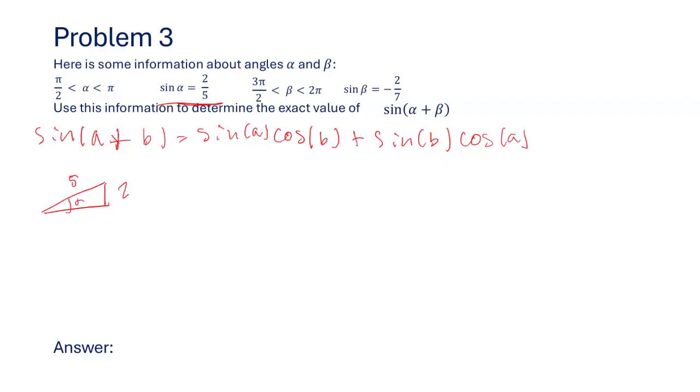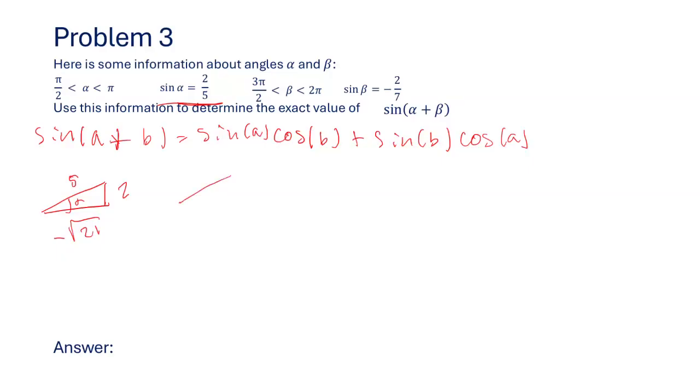So if we solve for the other side, because we're going to need it for the cosine, it becomes root 21. Now we know that alpha is between pi over 2 and pi, so it's in the second quadrant. We know that all the cosines in this quadrant are negative, so I'm going to make that a negative root 21.